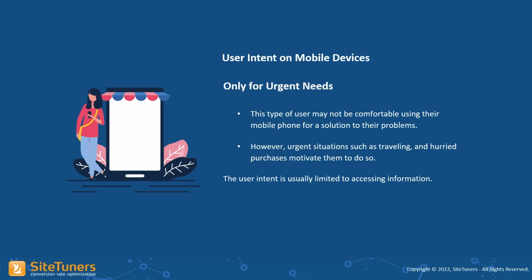They could be traveling, and they need to know where the nearest gas station is. They need to know where the nearest hospital is. They need to know how to rent a tuxedo because they got invited to something and they're on a business trip, or they spilled something on their one and only white shirt, right? Or they ripped their dress or whatever it is, and they need something new. Okay. So urgent needs, they're out and about and they use the phone.